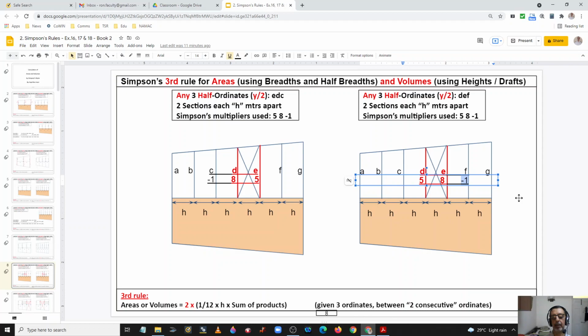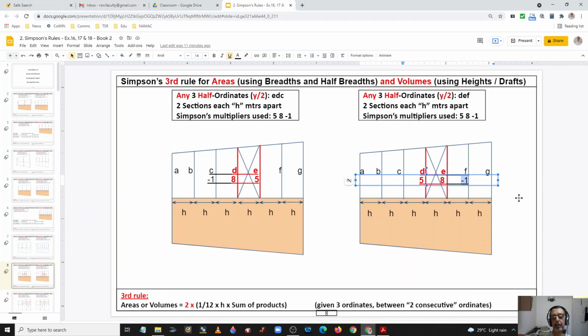What if we have got full ordinates? The same rules apply. You have to find the area between C and D. The first ordinate is D. The last ordinate is B. The first ordinate gets the multiplier 5 and the last ordinate gets the multiplier -1.